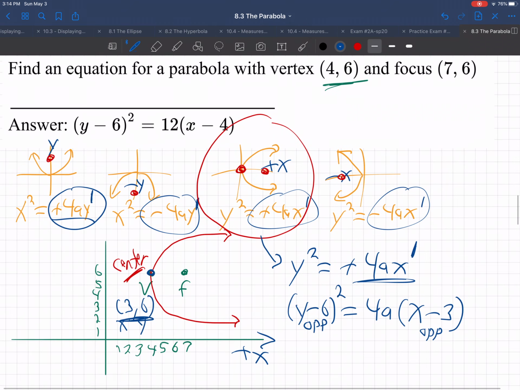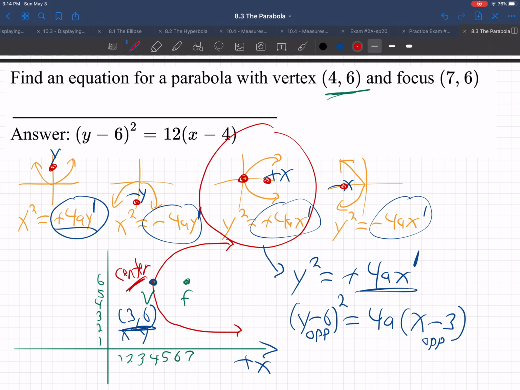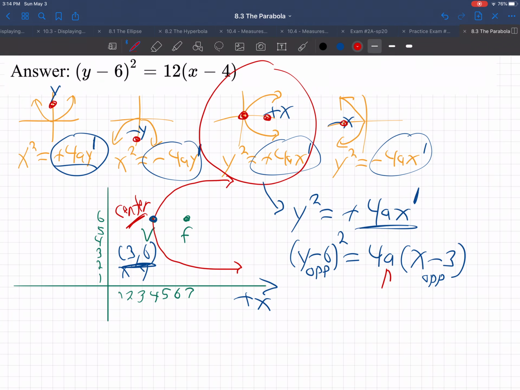Now what's a? All we got left to find is a. A is always how far from the center to the focus. So a is this distance right here. And what is that? 1, 2, 3. A is 3, the distance from the center to the focus, 3 jumps.